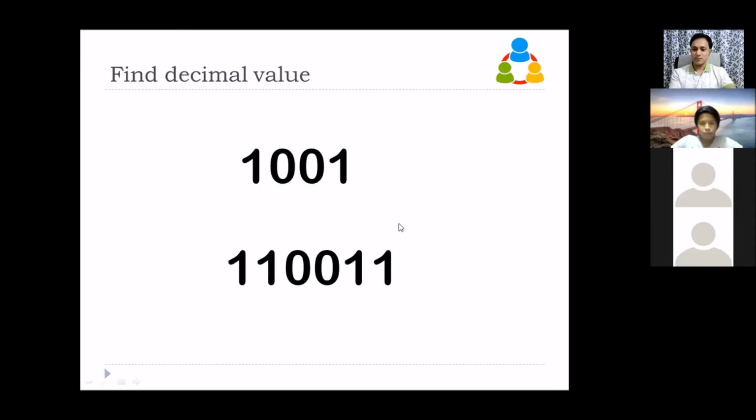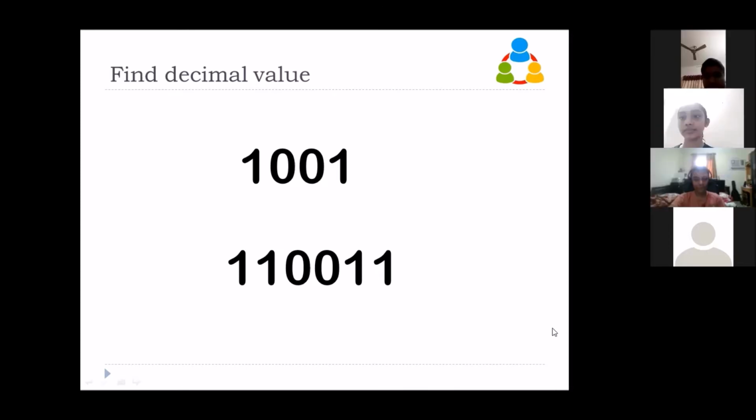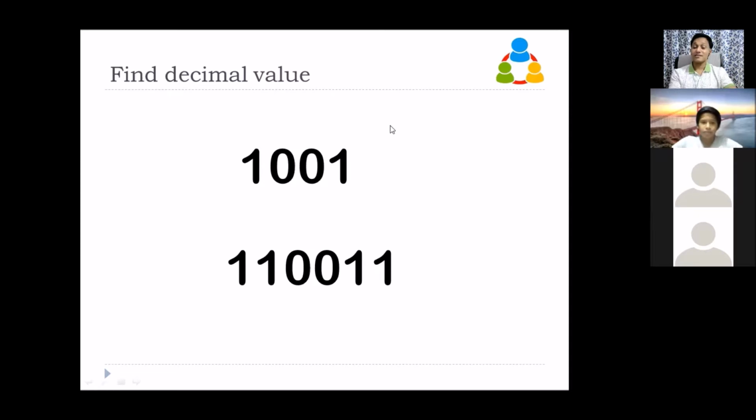Best way is to put on top of this place value 1, 2, 4, 8, 16, 32. 51. So why did you make a mistake first time?